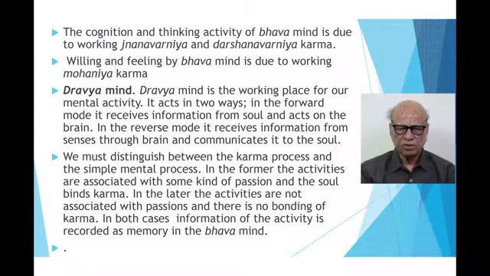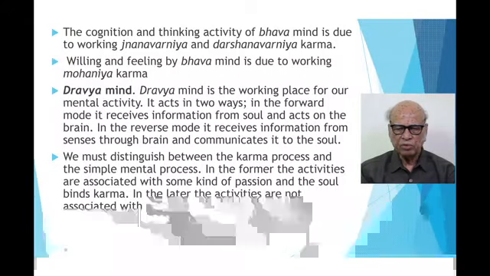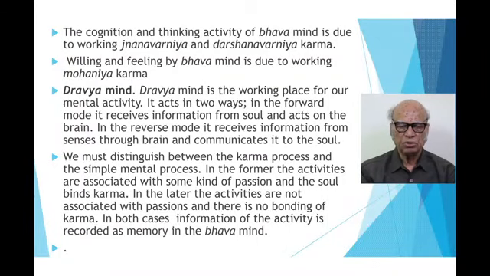So this is the forward movement of information: the information flows from soul to brain. And in the reverse mode, it receives information from senses through the brain and communicates it to the soul. The reverse also happens, and this is how it happens.